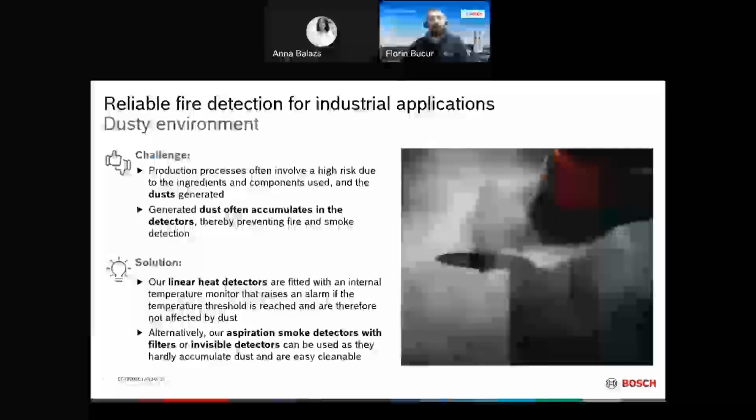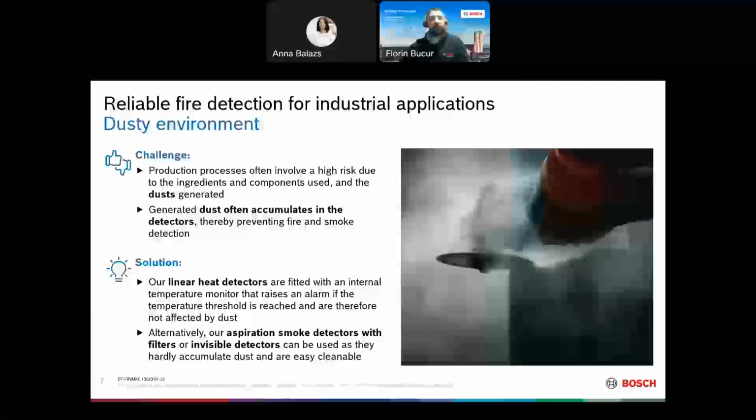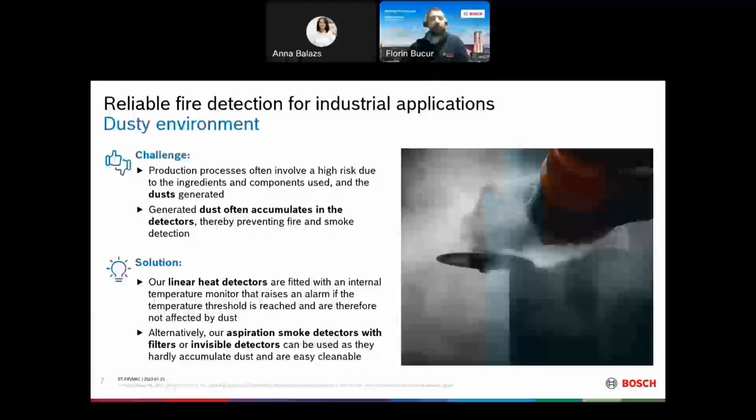Next, let's look a little bit at the dusty environment. We know that industry can pose this high risk due to component use or dust generated, and this dust usually accumulates in point detectors, especially if we have a physical optical chamber for that detector, and I will emphasize this topic in a second.